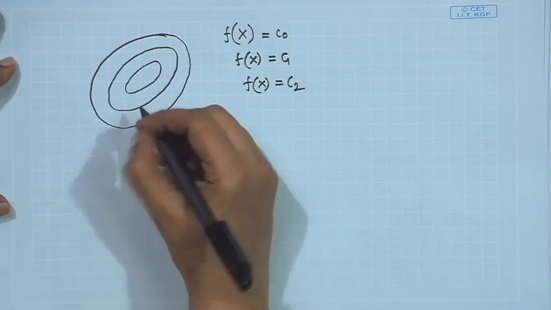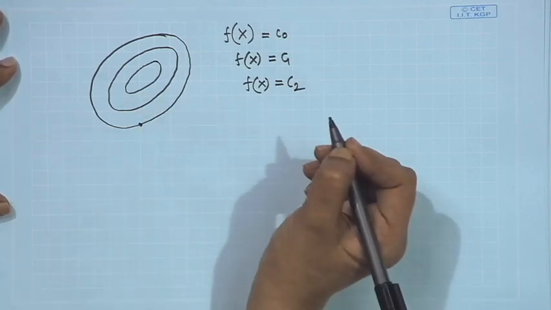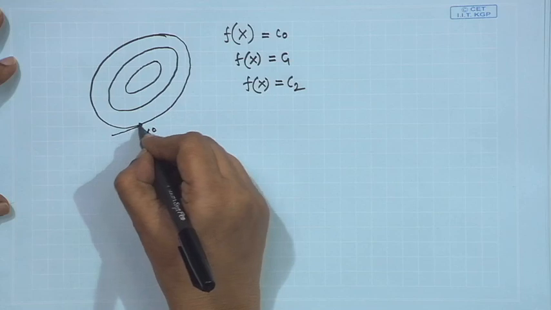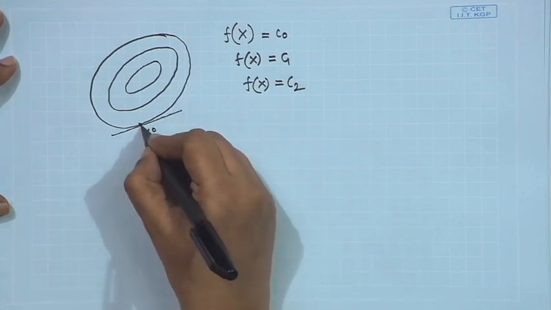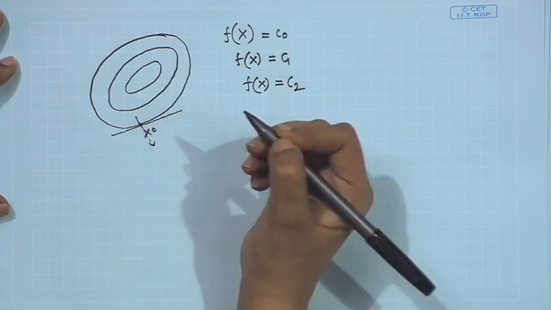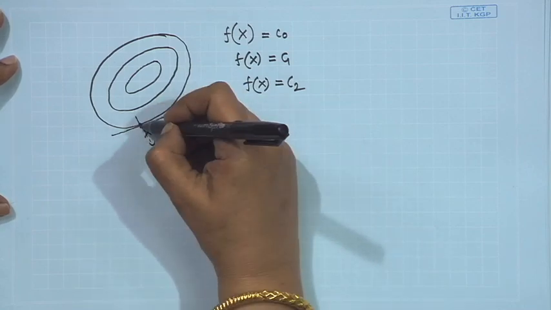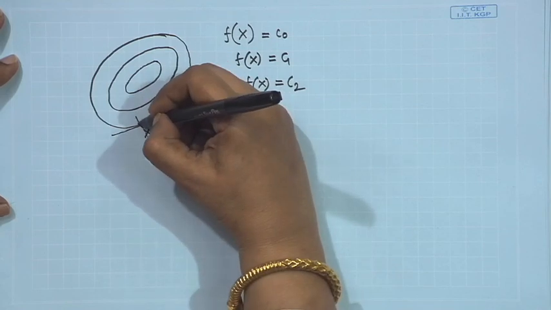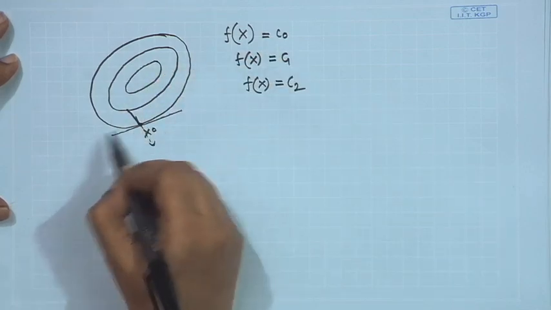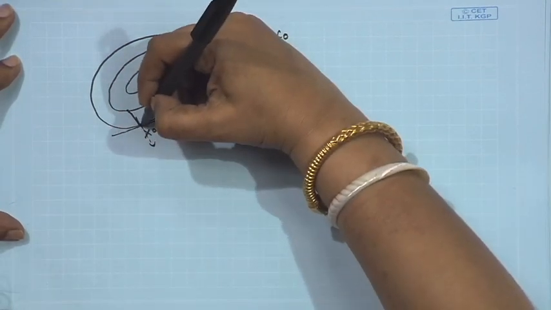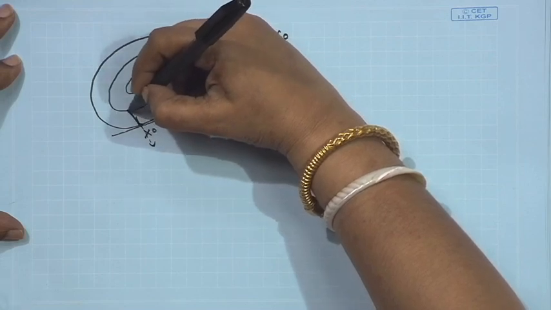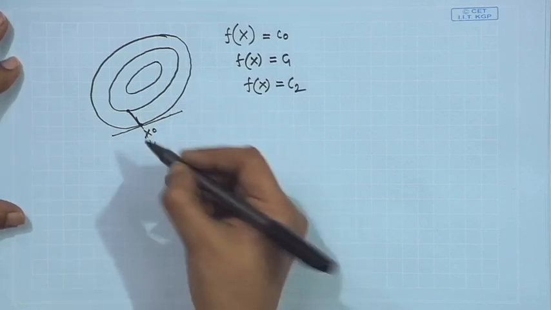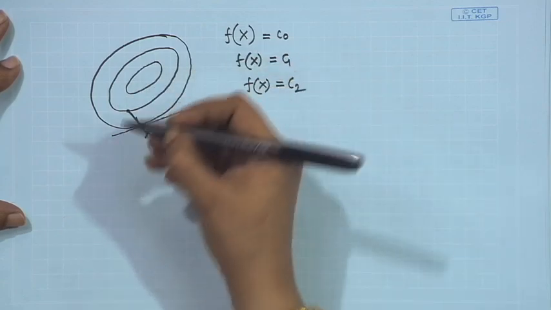Okay. If we consider the initial guess point to be here, and this is my x naught, then if I take the tangent at this point, this direction is the gradient direction and this direction is the negative gradient direction. Actually, this is not the case, it should be at 90 degrees from here, and at this point again it will touch x2, after a certain step length, that is alpha naught.